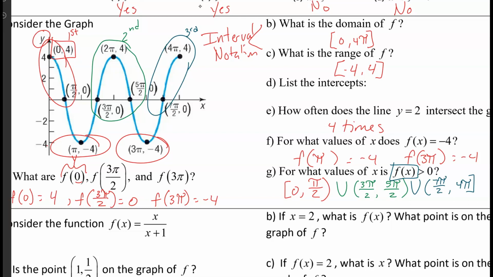So it wants to know when y is bigger than 0, not x. So this 0 here is an x value. If f of x is bigger than 0, f of x equals 0 is way down here. Is this point above that 0? Yes. So that's why we do a bracket there. Does that make sense? Okay. All right, any other questions there?